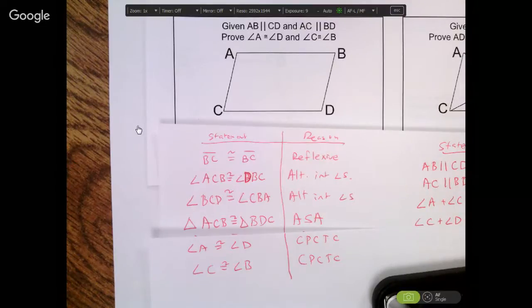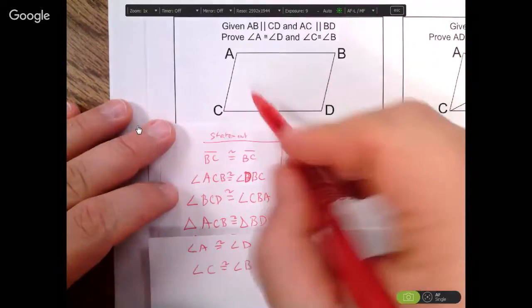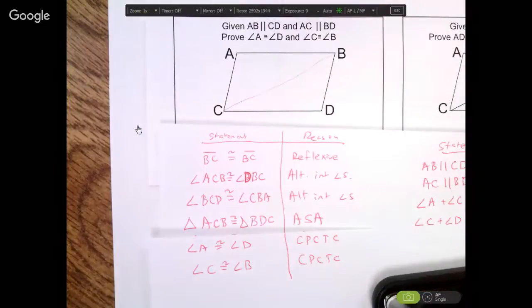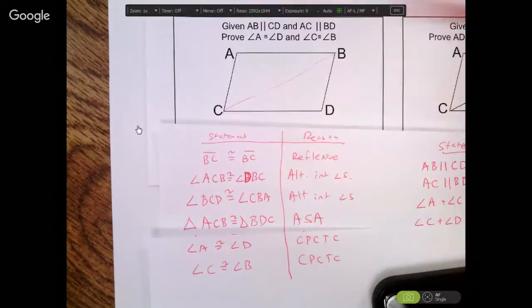Now the only catch here is that when I cut the triangle this way, angle C and angle B are not corresponding. You have to say that those angles add up to that, because they're cut in half.